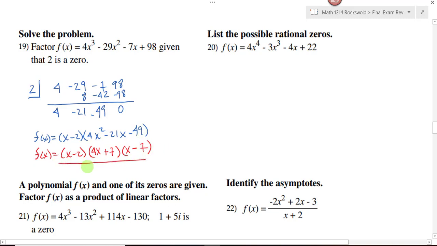This would be our final answer. The fundamental theorem of algebra says that every polynomial function can be factored into a product of linear or quadratic factors. The quadratics will be prime.